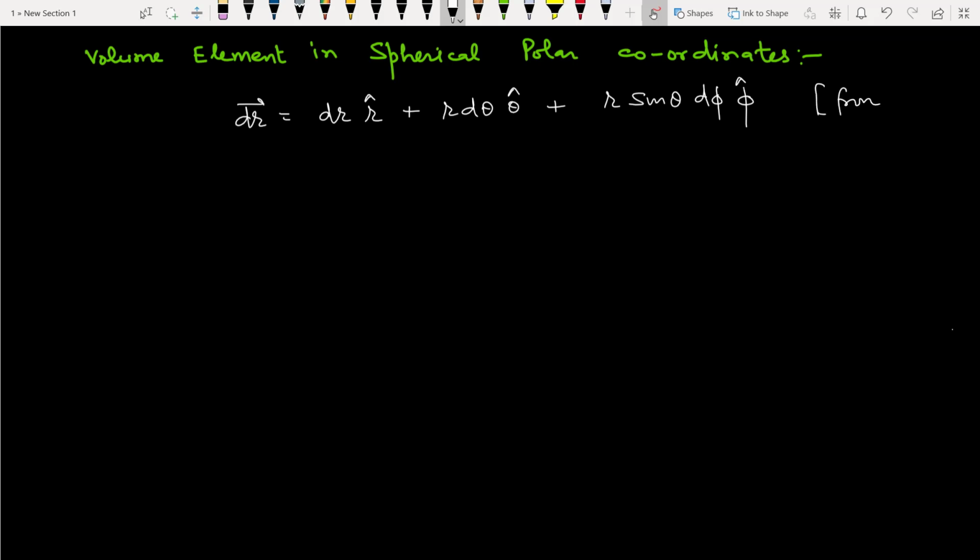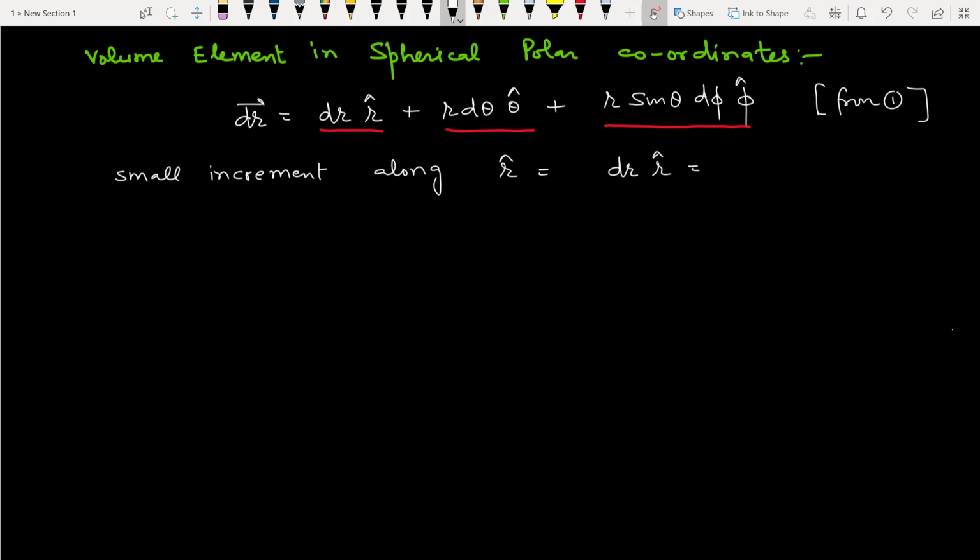Again here we have three increments, because in volume we need all three vectors along r cap, theta cap and phi cap. Small increment along r cap is dr r cap, dA vector.